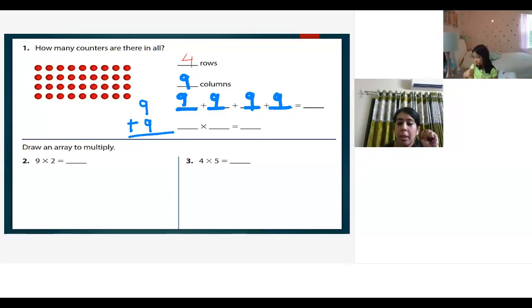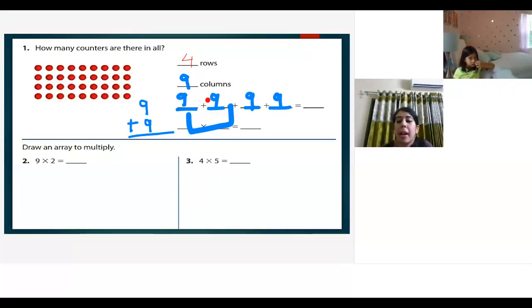So that means I added 9 2 times. Now one more 9. Take 9 again and start from 18, 19, 20, 21, 22, 23, 24, 25, 26, 27. Got it? So that means one more 9 is left.